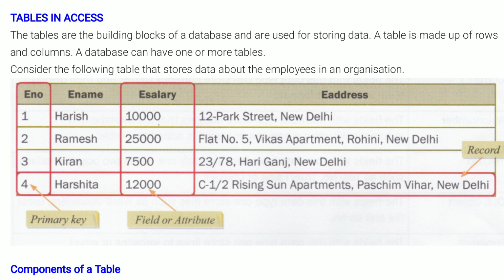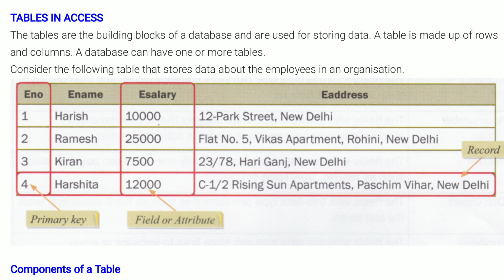Whenever I talk about a column, you just have to consider it as a field or attribute. And in the language of database, rows are also known as tuples and records. Whenever I talk about a record, you just have to consider that I'm talking about rows.